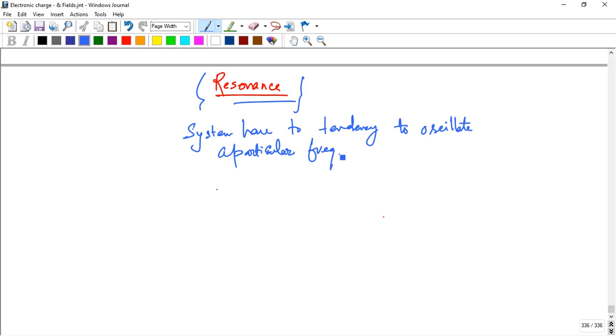That's very important. This particular frequency is called the natural frequency.